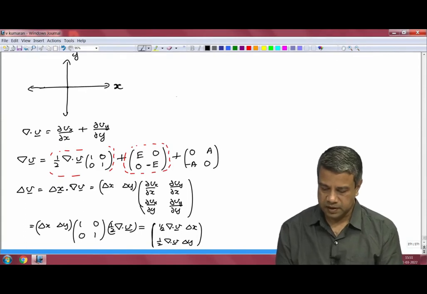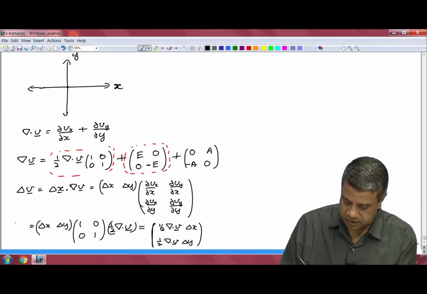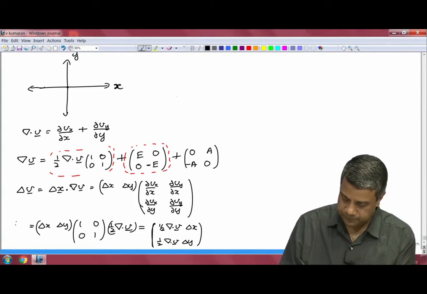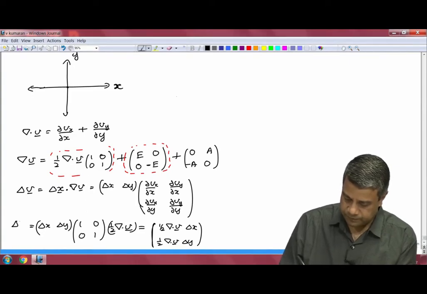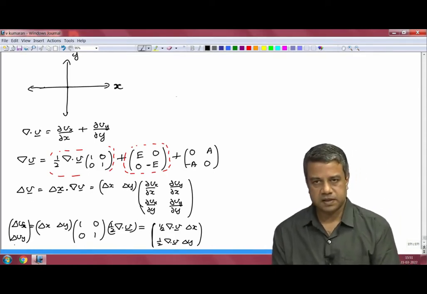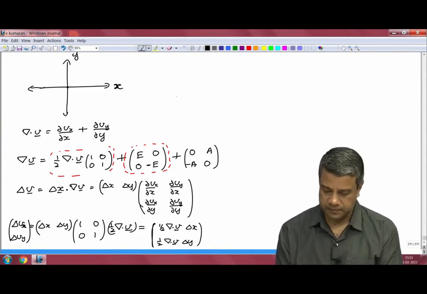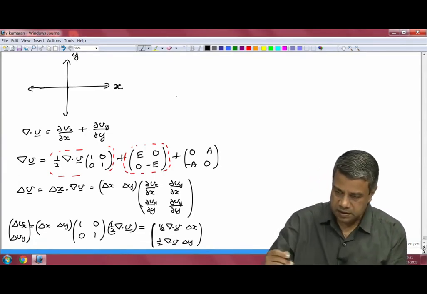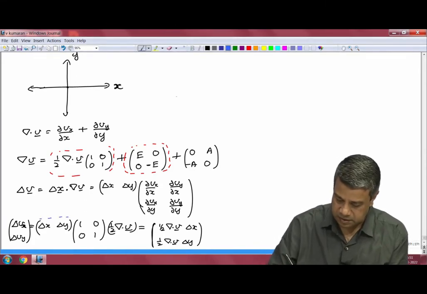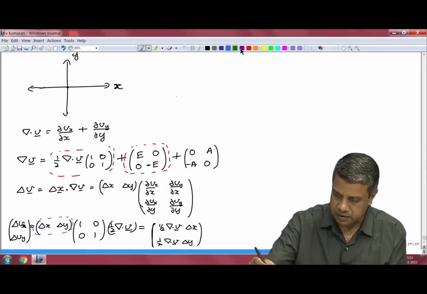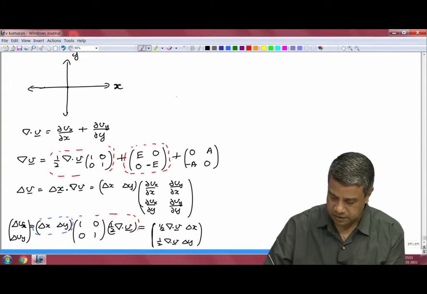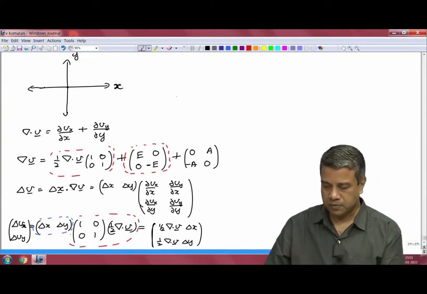So, delta V x and delta V y is equal to this delta x dotted with grad V, and this is delta x delta y dotted with this gradient of the velocity, and it has two components.